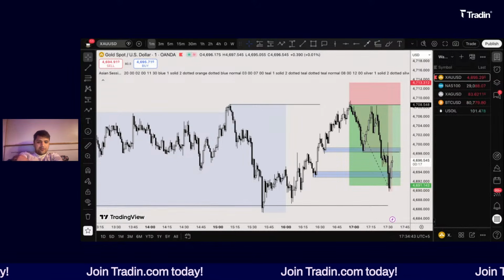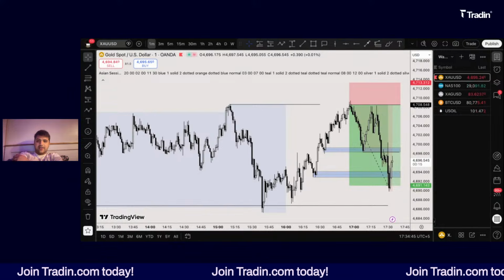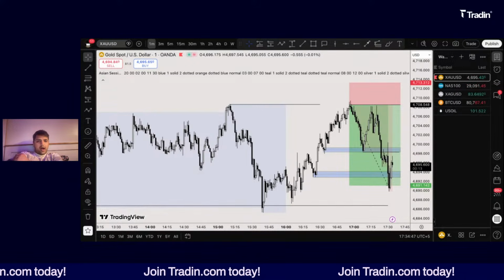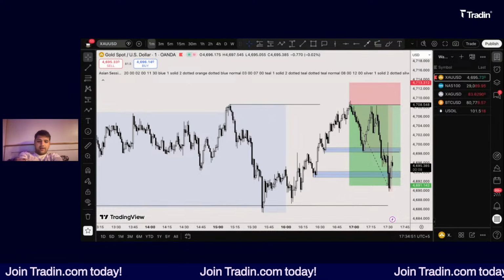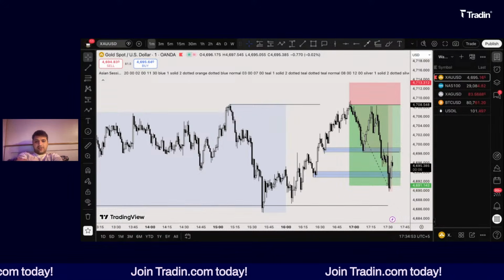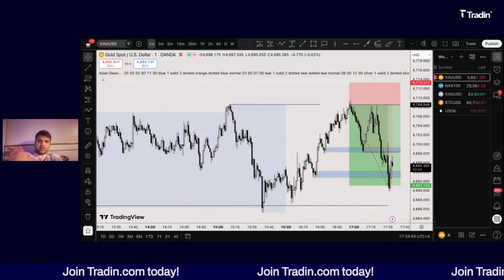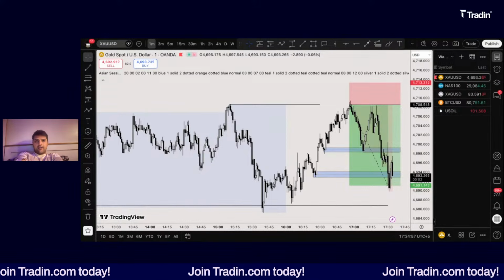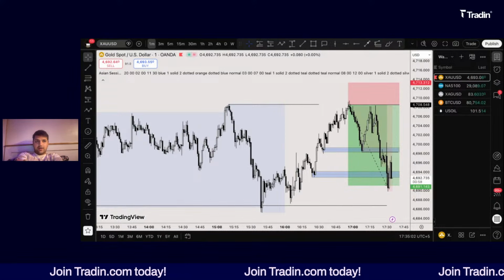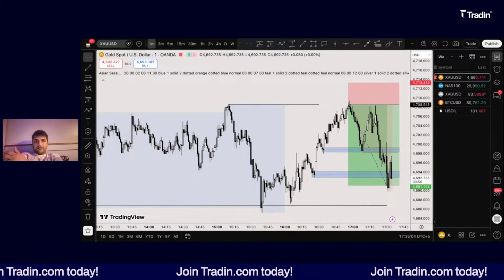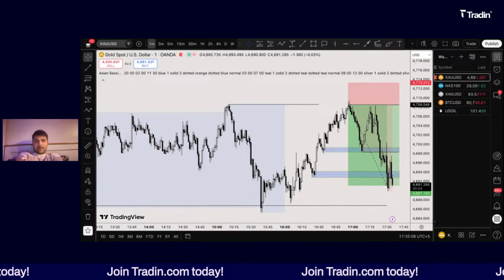But on average, on my main accounts it's maximum half percent risk, because I like to survive in trading, and this is what I have seen. The longer you survive in the market, even if you don't make money one day, two days, three days, break even, the more you survive, the more opportunities you have, right?